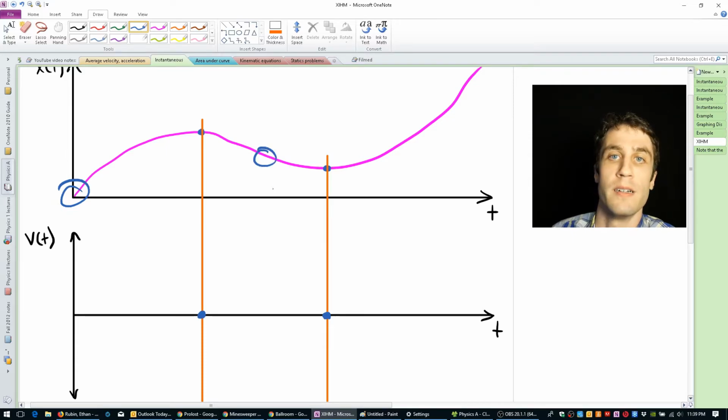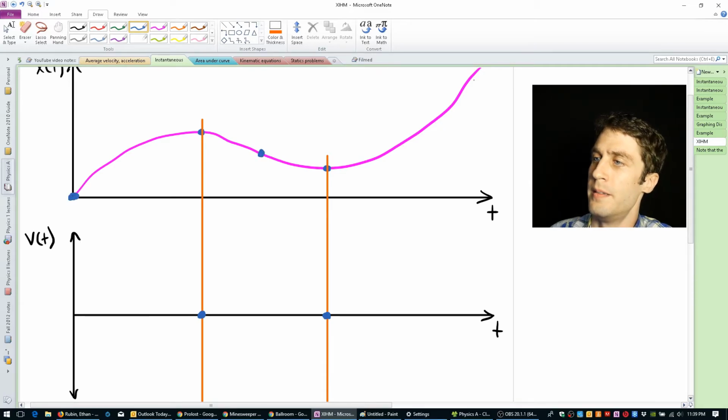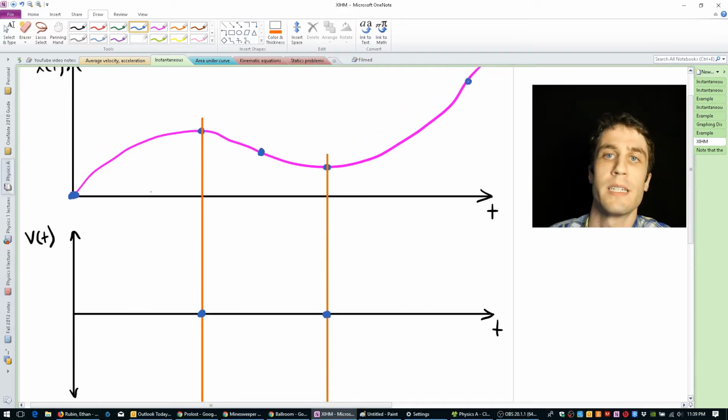Somewhere around here, it's changing very rapidly in the downward direction, and again, close to or at the end of that graph, it's changing very rapidly. So I'm going to identify those 3 points, and those are places where your velocity is greatest in magnitude, maybe greatest in positive or greatest in negative.